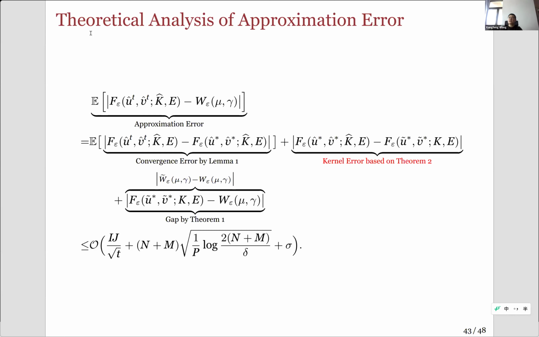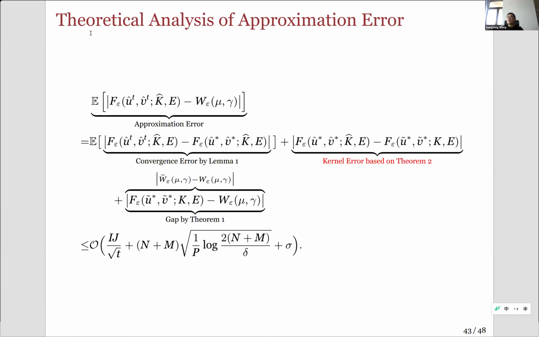And the second one is the kernel error, the error due to using the approximated kernel instead of the true kernel. It also decreases with more projections p. And the third one is the statistical gap, an error from using finite samples instead of the true distributions, and it will decrease with more samples n and m.